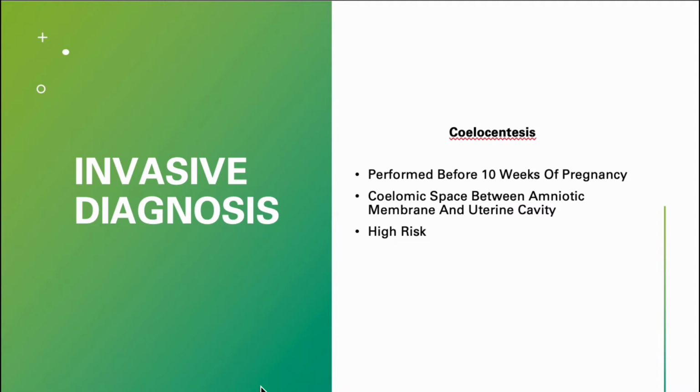When you use this, you can determine whether the fetus is male or female. Now, why would you want to know this? Well, for example, if you know that the mother is a carrier or the father is a carrier of a certain gene which affects only a male, whereas perhaps it doesn't affect a female, then at that point, the parents have a better understanding of what they're dealing with.